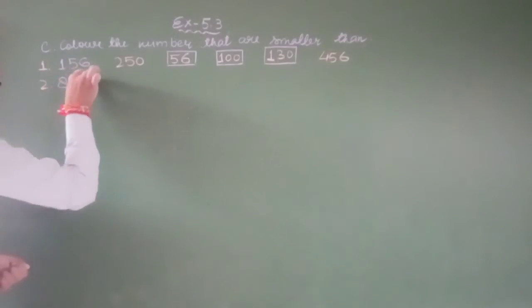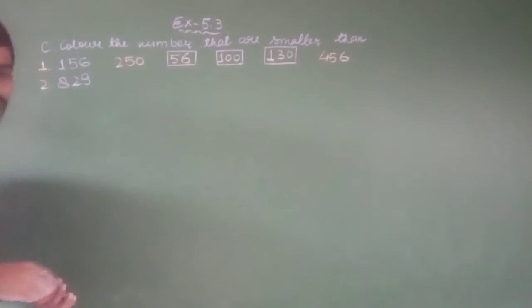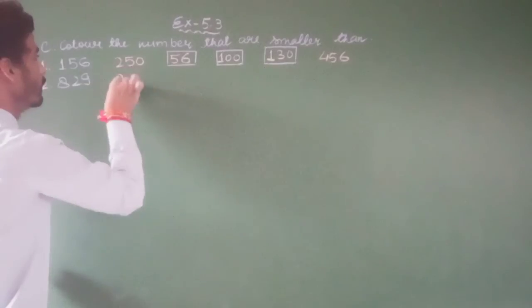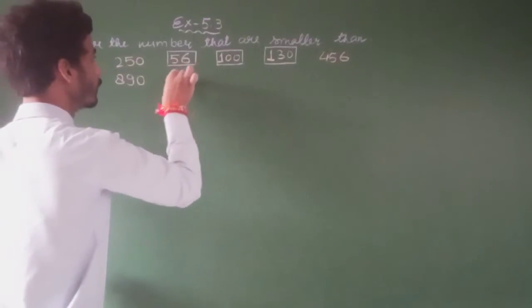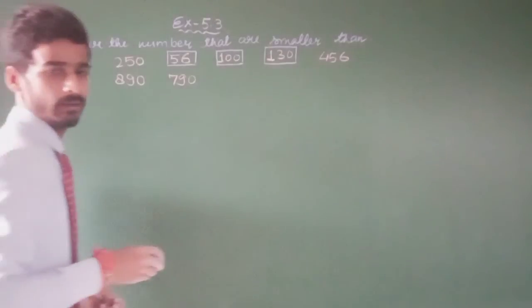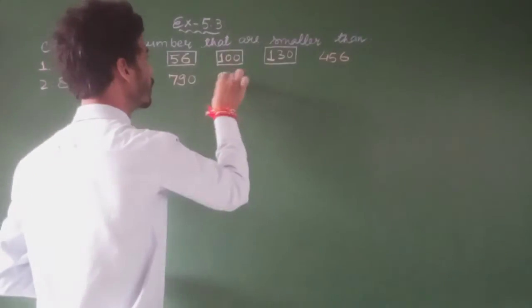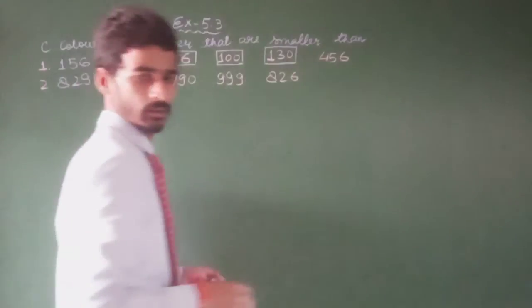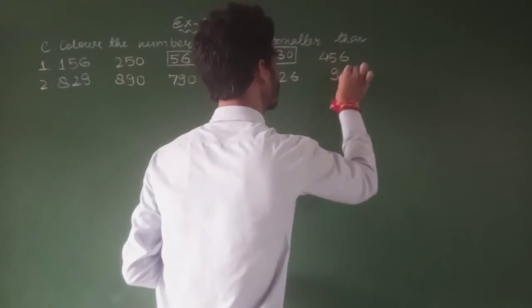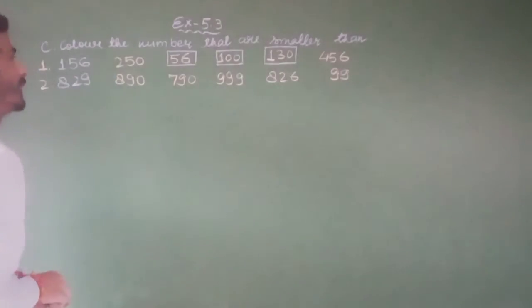Question number second is 829. The numbers are 890, 790, 999, 826 and 99. Which numbers are smaller than 829?